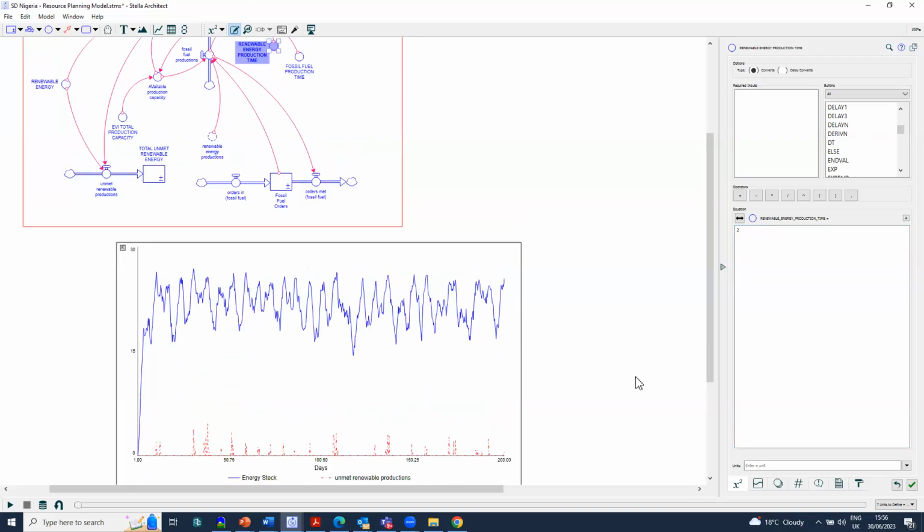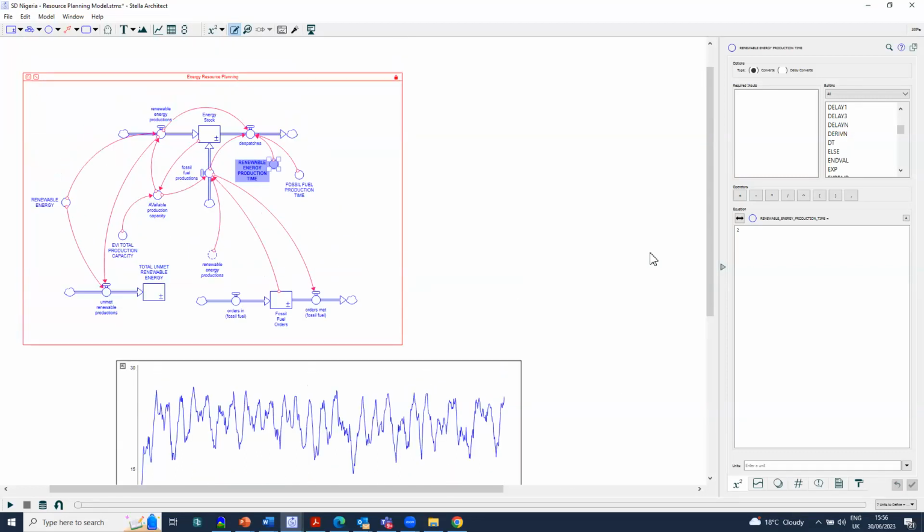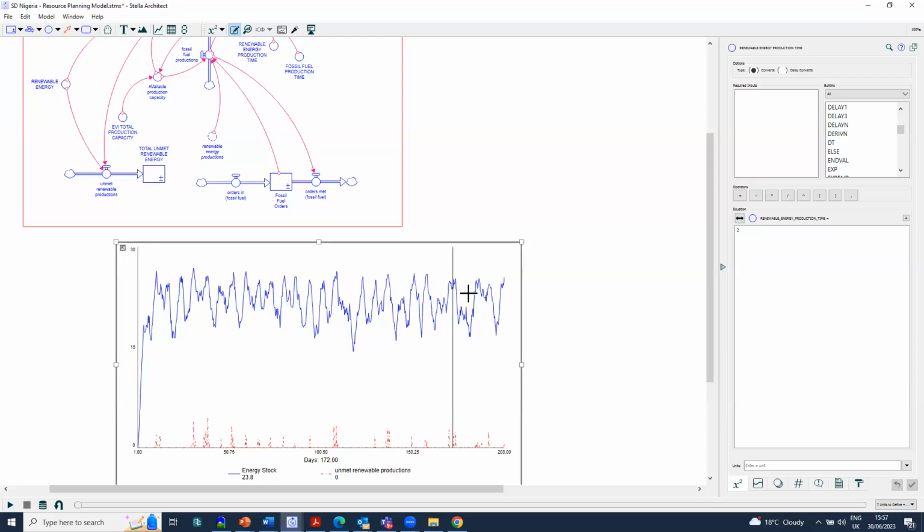So on this graph, we can do another graph and a comparative analysis. That's not what we're doing today, but it's one way of looking at it. What we are showing here is energy in stock, which is not differentiating between renewable energy and the other one.